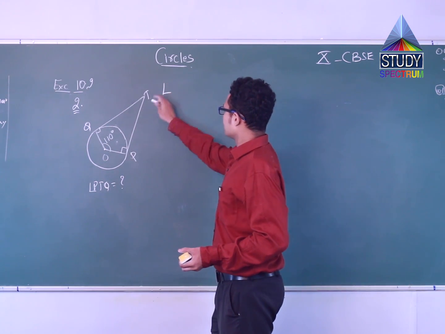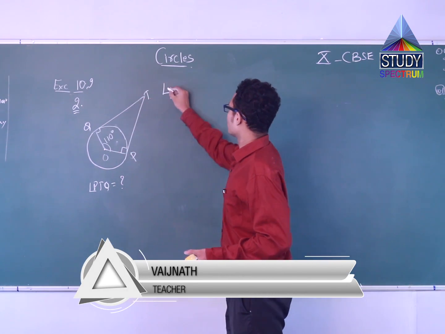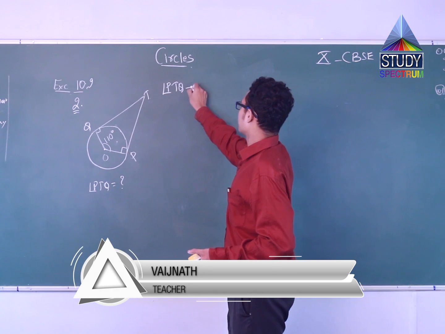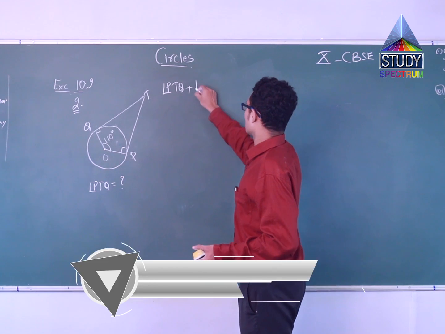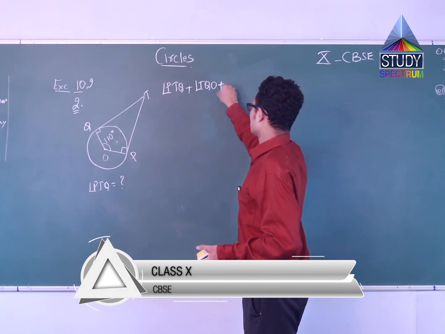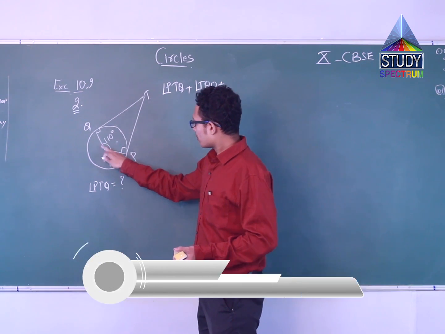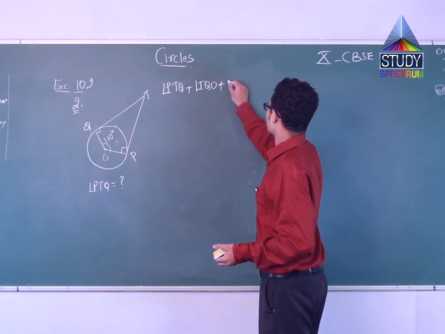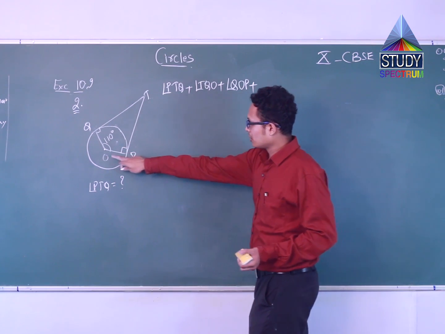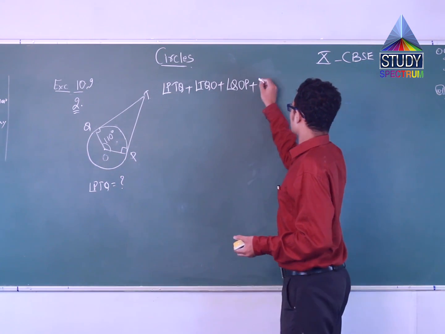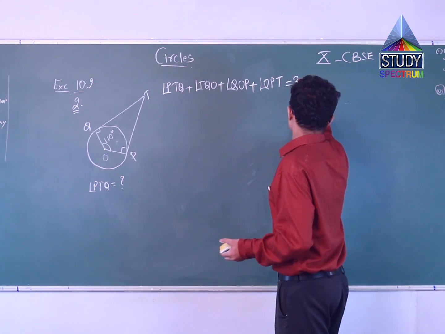So angle QTP or angle PTQ plus angle TQO plus angle QOP plus angle OPT is equal to 360 degrees.